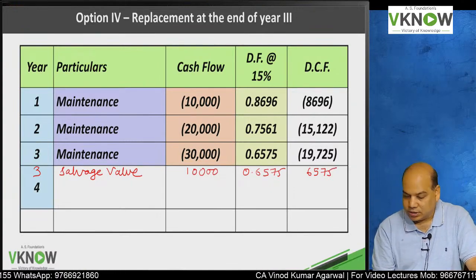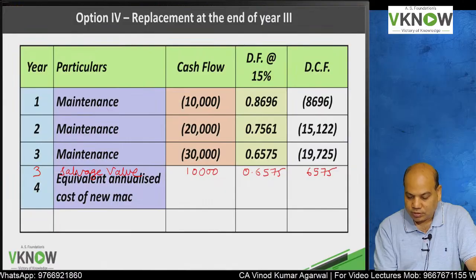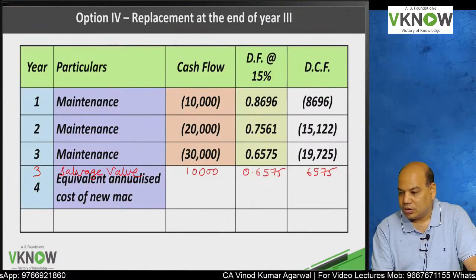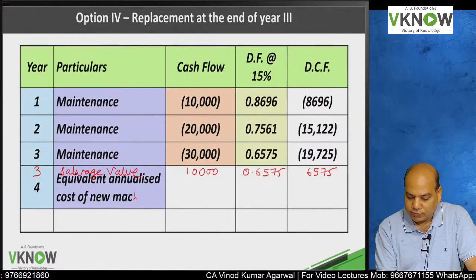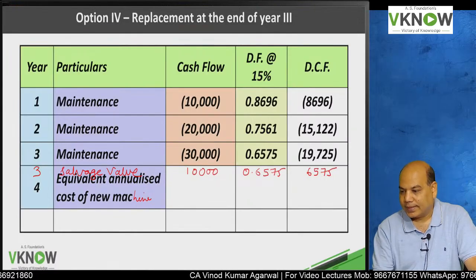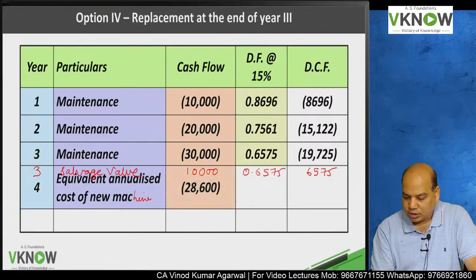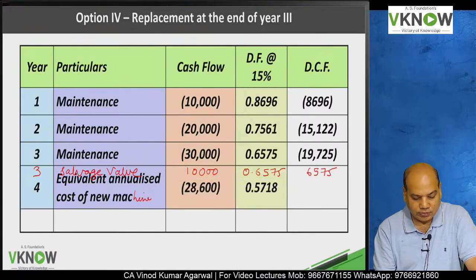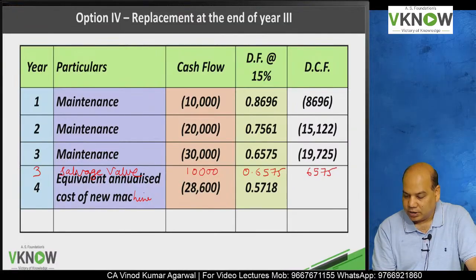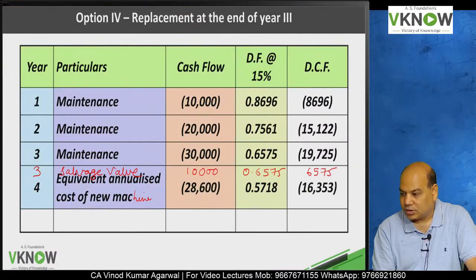Okay, and then in the fourth year, equivalent annualized cost of new machine, EAC of new machine, that is 28,600. Factor of the fourth year 0.5718, present value 16353.